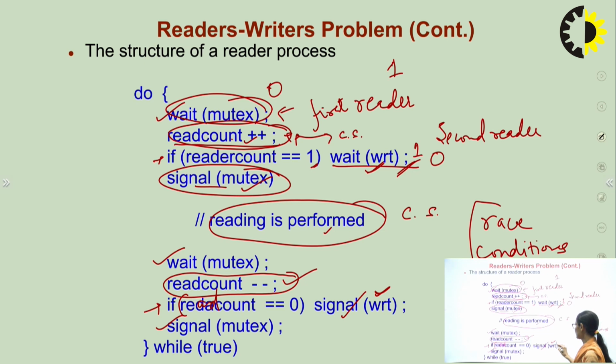After sending the signal to the writer process, it will send the signal to the reader processes. This is for the writer process, and this is for the other reader processes. So this is how the reader process works. And this is how we have done the synchronization between readers, between readers and writers, and among the writers.